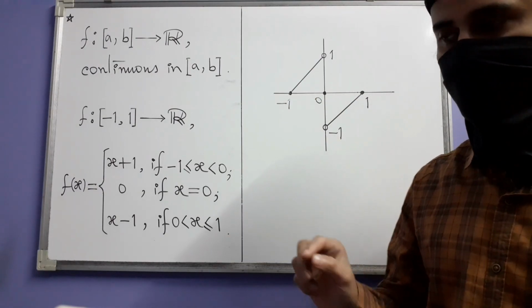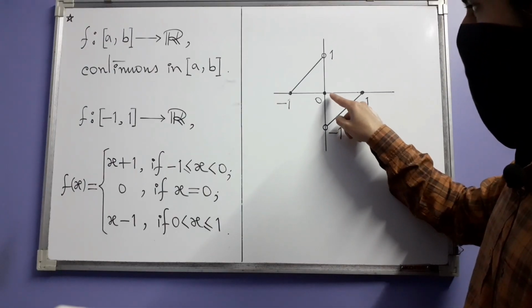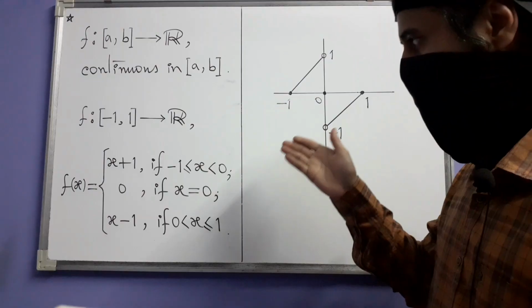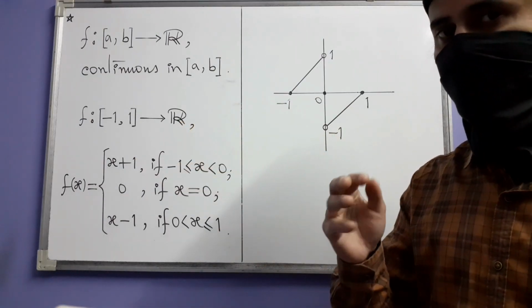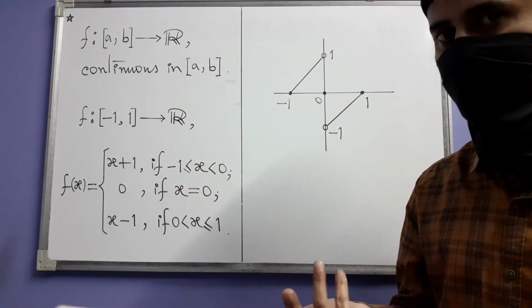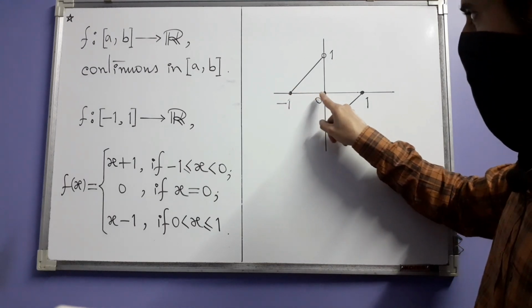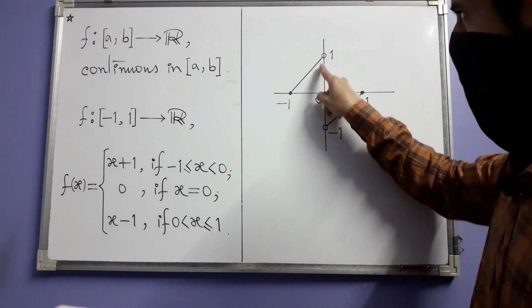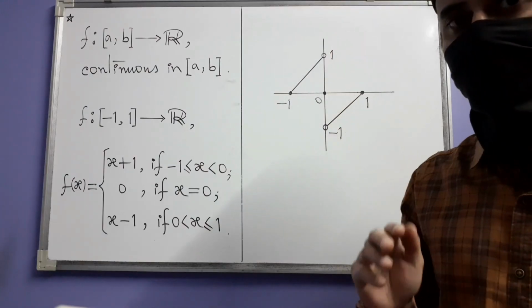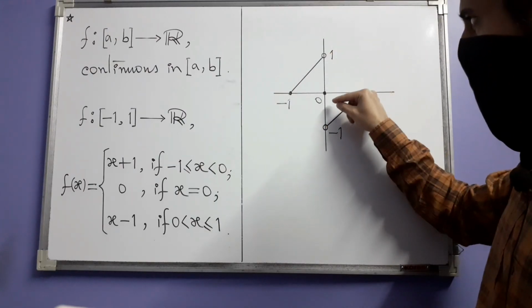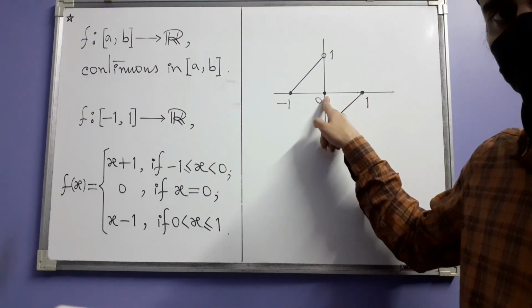Elsewhere it's continuous, but because it has failed to be continuous at a single point, this one also, just like the previous one, has no maximum value and no minimum value. As you approach 0 from the left side, you continue to get larger and larger values without any end. At 0, however, suddenly the value drops to 0.